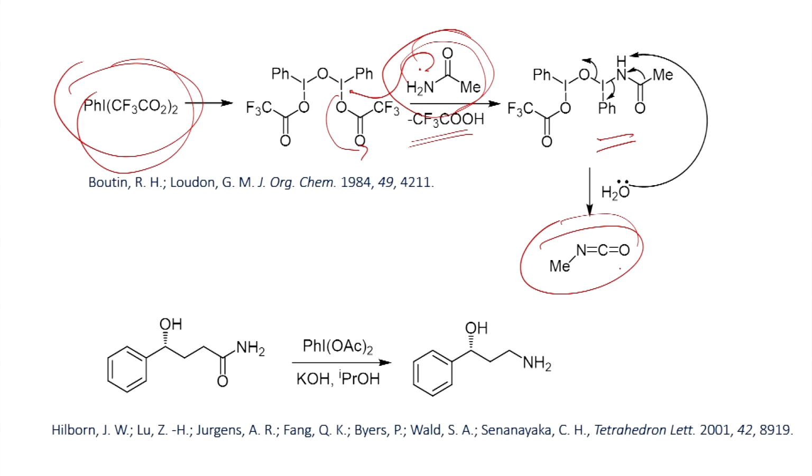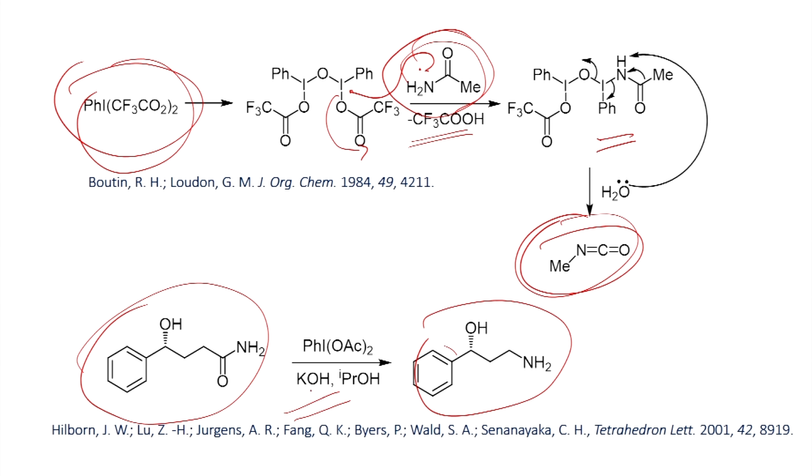In this way, you will be able to form the isocyanate. And here is another example. Iodobenzene diacetate has been used with this amide, which can be converted into amine. Here the combination of iodobenzene diacetate and potassium hydroxide has been used in isopropanol solvent to produce an optically active amino alcohol as the product.